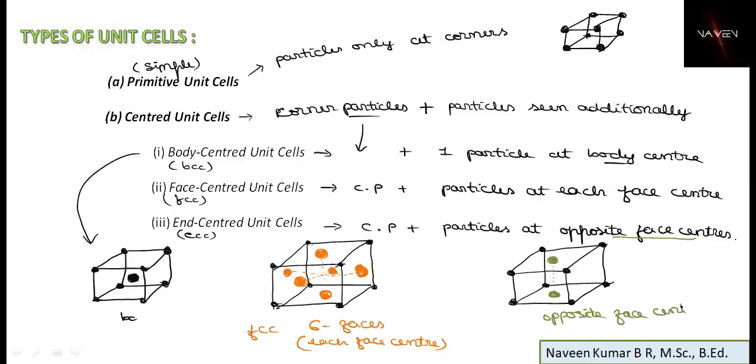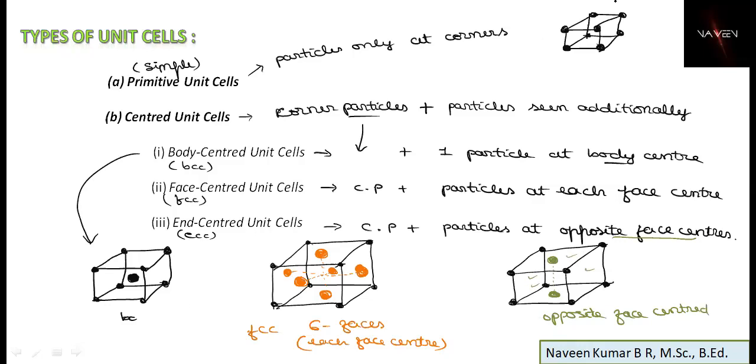So I have written only one opposite face. You may take this, or you may take this front side and back side, like that. So any of the two opposite ones you can take, and if the particle is present, then it is called an end centered unit cell.